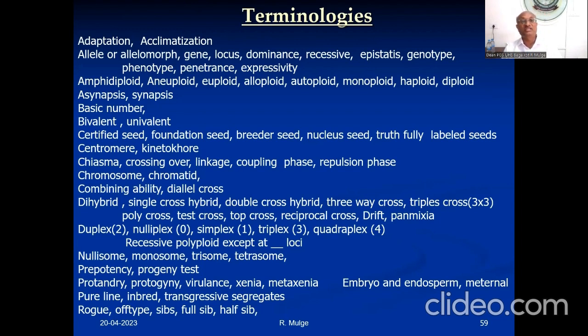Then you have codominance. It is codominance with non-identical alleles that specify two phenotypes that are both expressed in heterozygotes. So codominance means the alleles are not the same, they are different. They specify two phenotypes that are both expressed in heterozygotes.